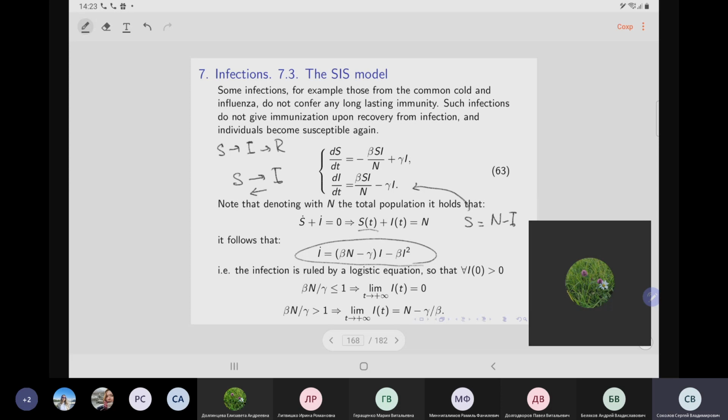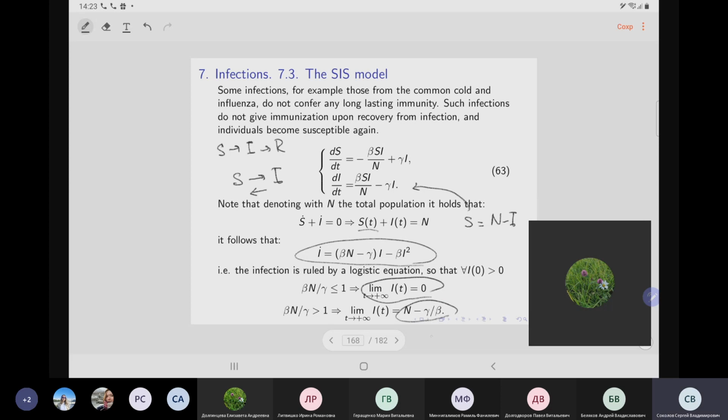Finally, we see that there are two equilibriums, the zero solution and a non-trivial solution. And we have the same R0. We expect that if it is small enough, then the infection will end, and if it is big enough, then the infection will remain.